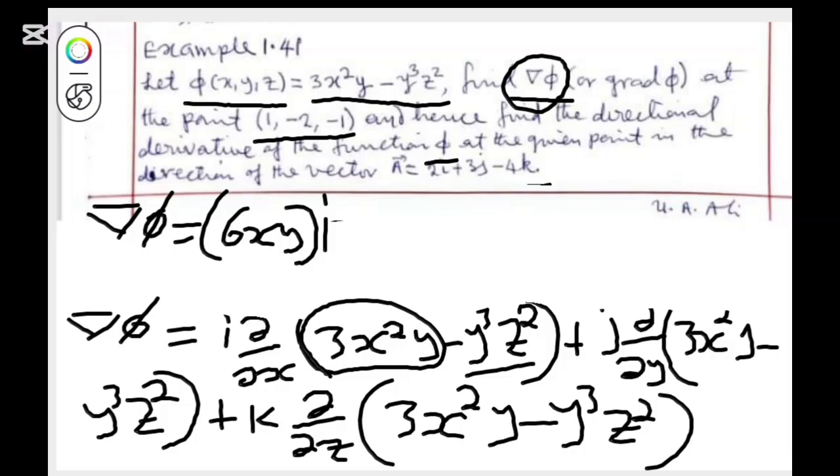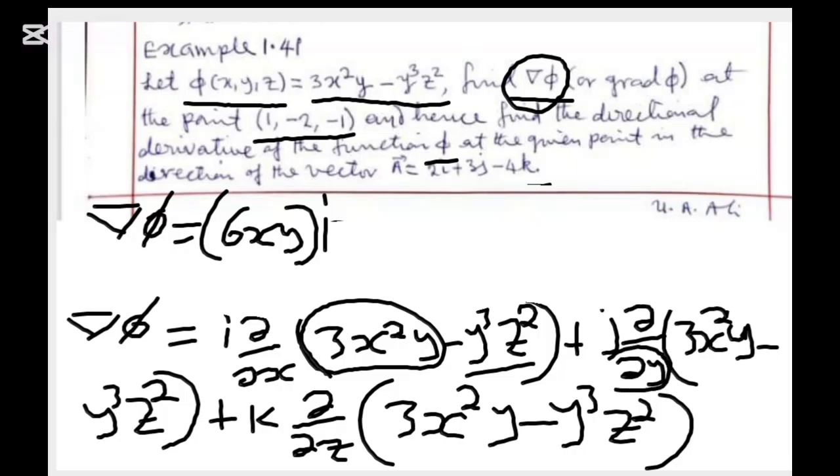The next thing is that, don't forget, here is squared and this is y. So I have x here, I have y, but I'm going to differentiate with respect to y.